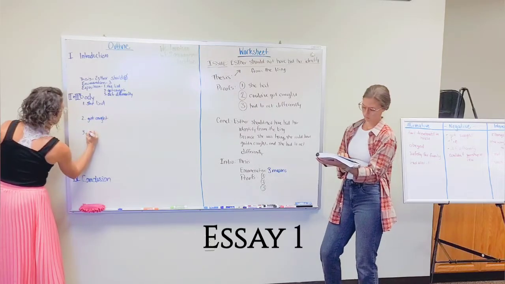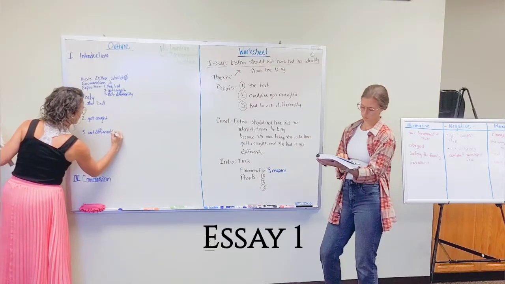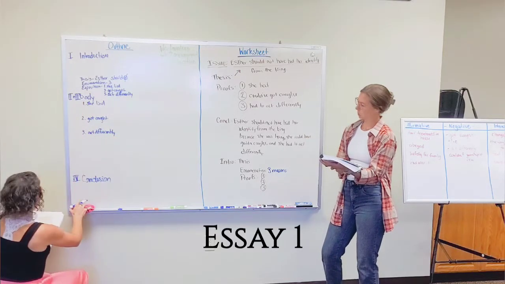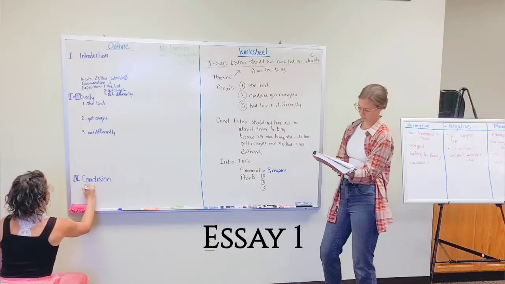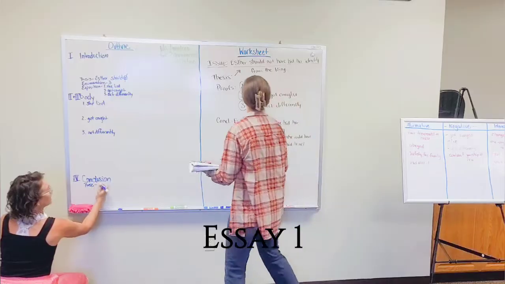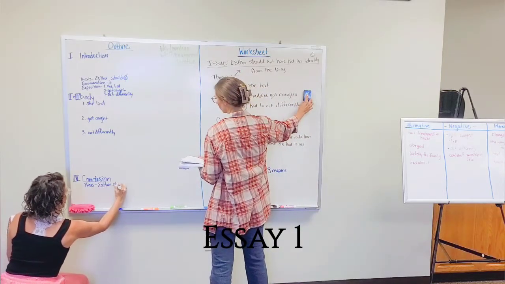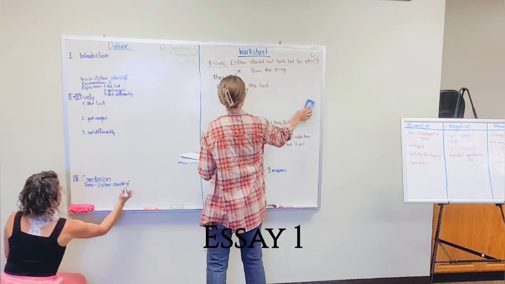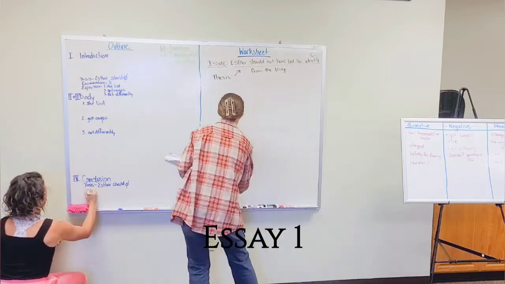And number 3 is she had to act differently. And we're going to be adding more to this as we go through. And then for your conclusion, we just have our thesis again, which is Esther should not have lied. And then your summary of proofs.